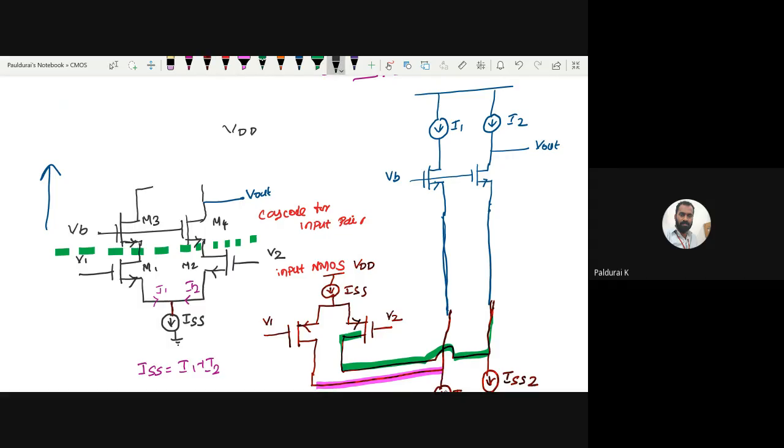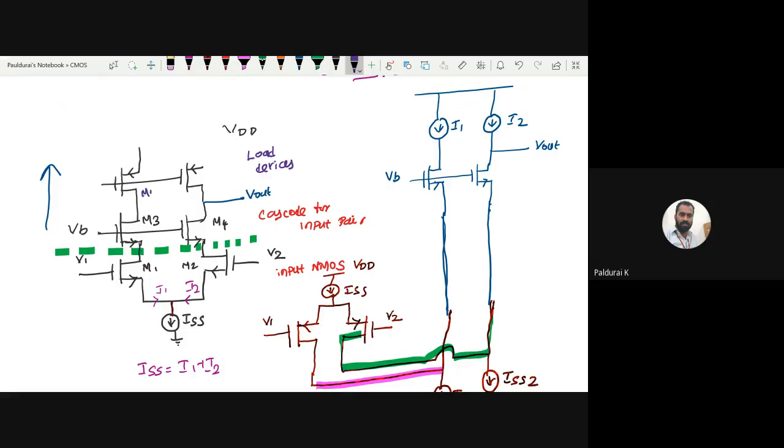So the load device is actually PMOS. Okay, these are your load devices. I replace the current sources by suitable transistors.